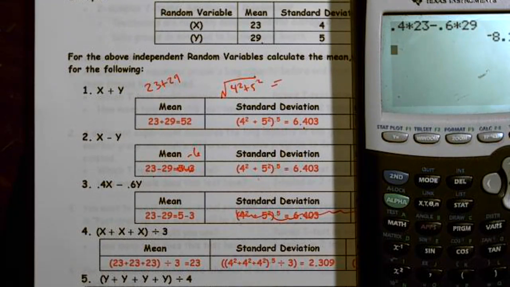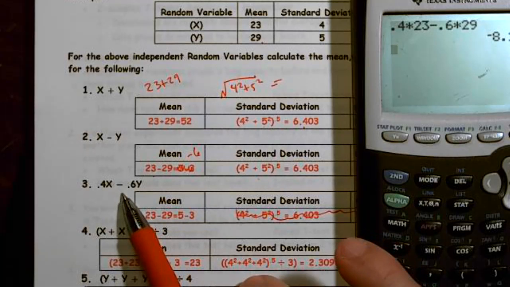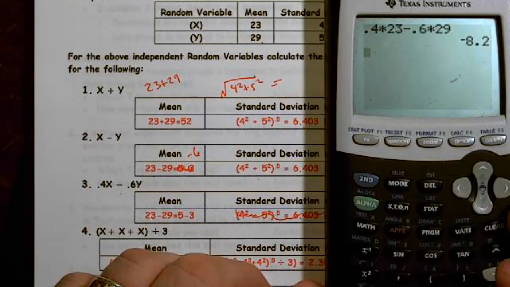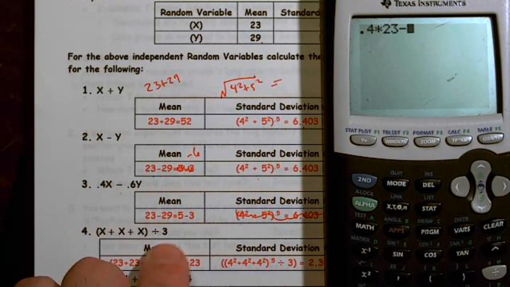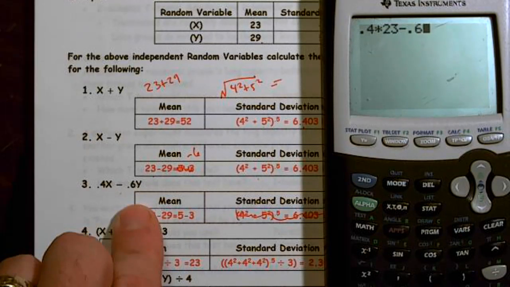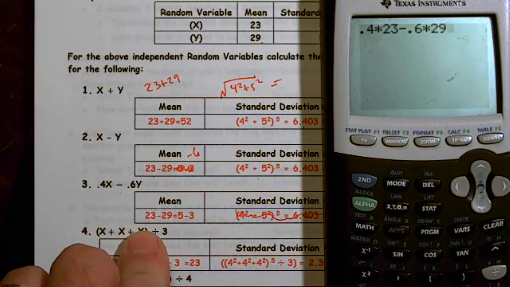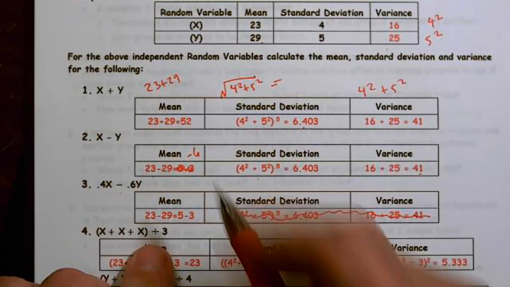So with that one, you can just go straight at it and we can subtract directly. And yeah, we end up getting a negative value, but that's fine. So once again, 0.4 times 23 minus 0.6 times 29, that equals negative 8.2.